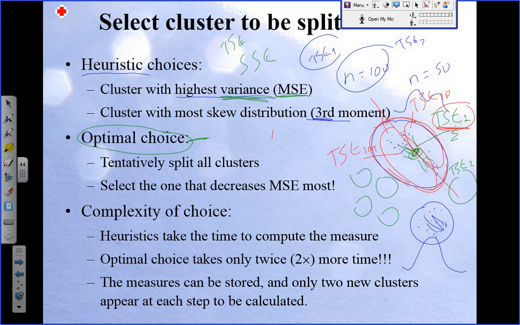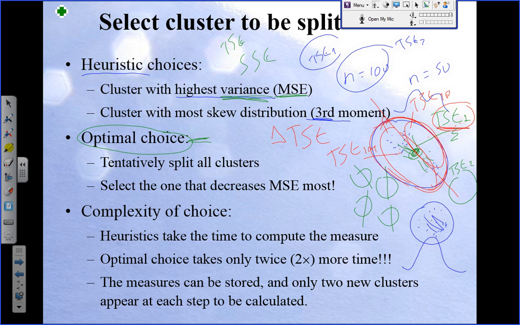I calculate a kind of delta TSC, how much the TSC is changing. And the good thing is that I don't even need to worry about the TSC of the other clusters, or the total TSC of the entire data. All I need is to measure it for this single cluster. But then again, if I want to do it optimally, like here, then I have to do it for all of these clusters.